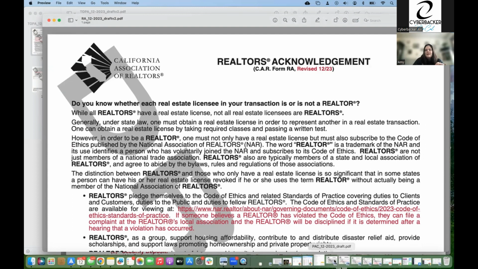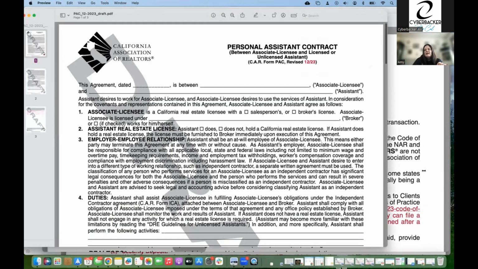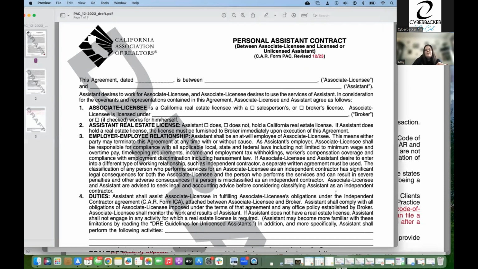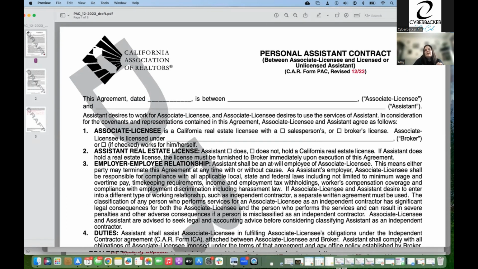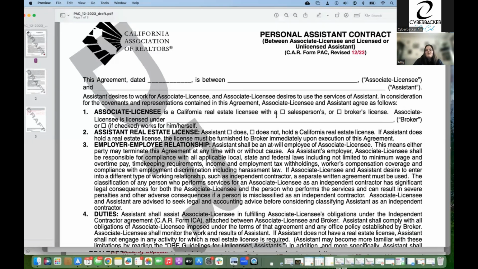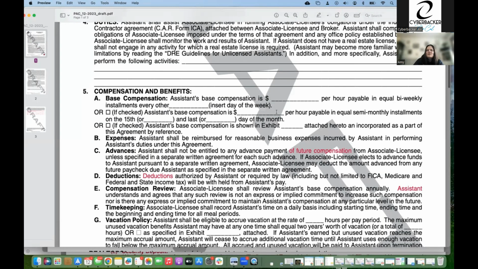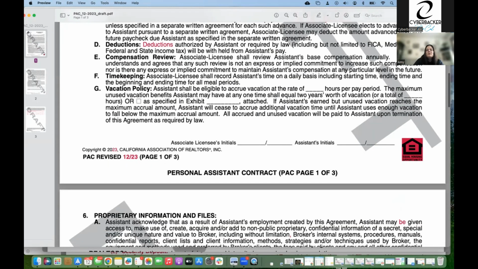Okay. Moving right along to our PAC, I'm not going to cover this form in detail right now, but just know that if you have a personal assistant, right? So this would be between an associate licensee and a licensed or unlicensed assistant. There is a form in your CAR Forms library that talks about that relationship. So you don't have to come up with your own contract.